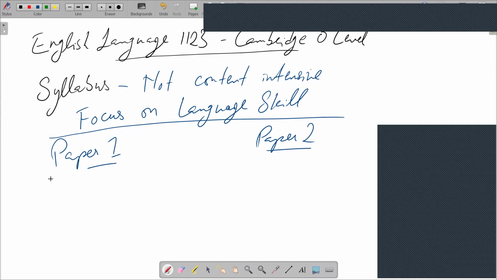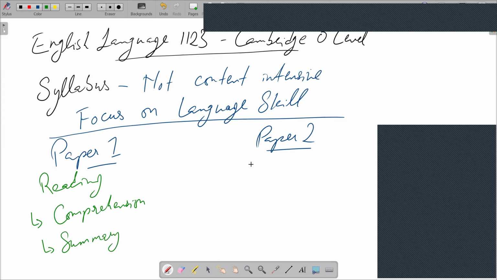Paper one is the reading paper. It will have a comprehension section and a summary. Paper two is the writing paper.